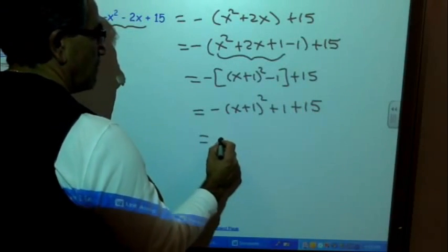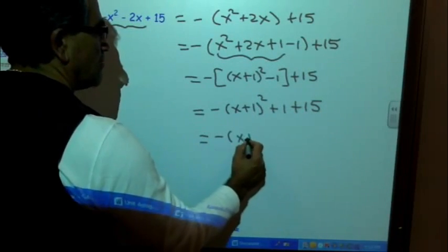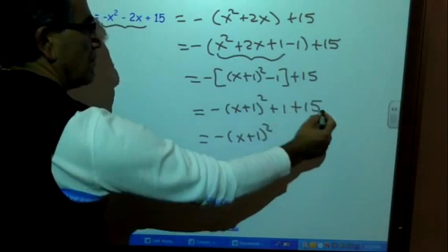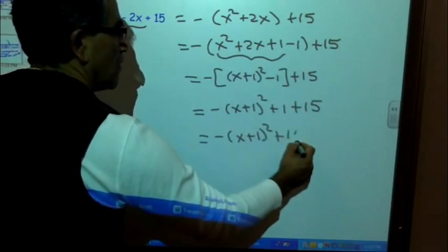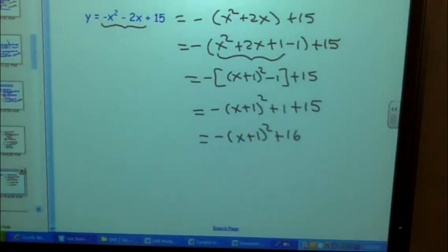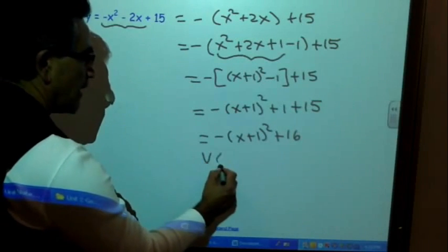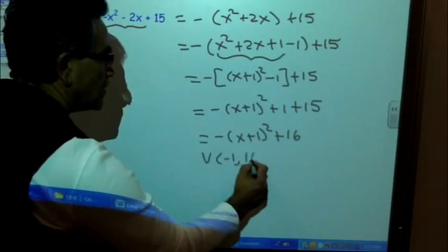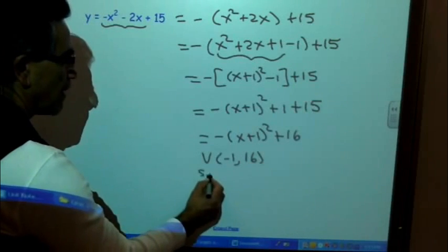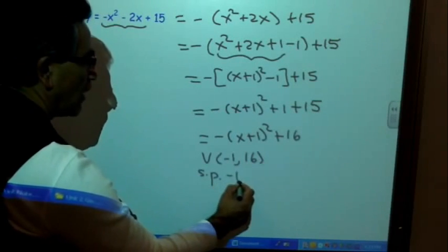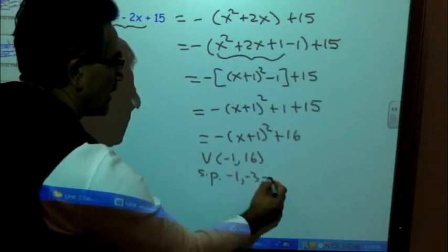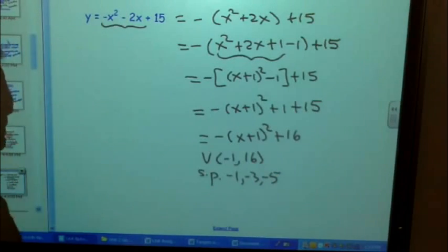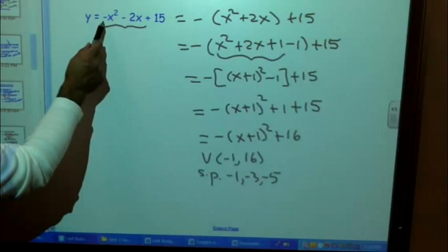And my last step, negative (x plus 1) squared, simplify these to positive 16. My vertex then is at (-1, 16) with a step pattern of negative 1, negative 3, negative 5. The parabola opens down just like we knew from the beginning.